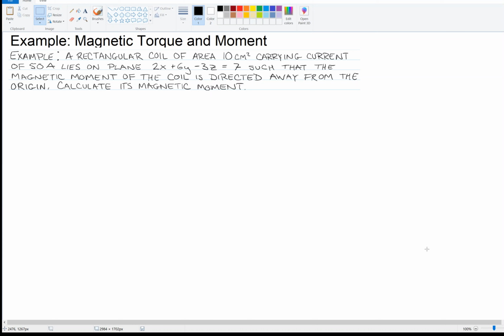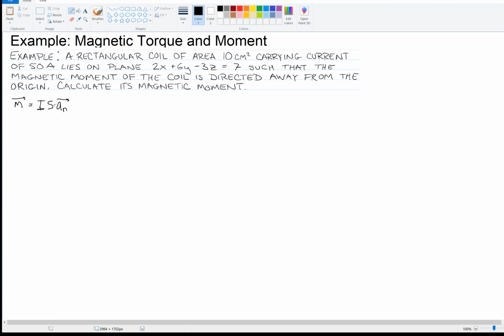Calculate its magnetic moment. All right, so previously we have shown, or we kind of derived, that the magnetic moment of a coil is I, which is the current the coil is carrying, times S, which is the area of the loop, the coil, and then times a unit vector that points in a direction normal to the loop.